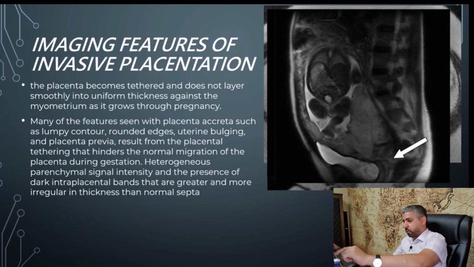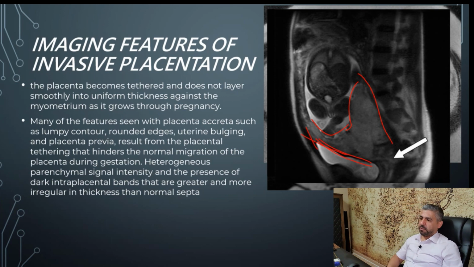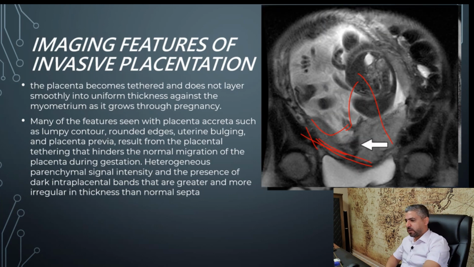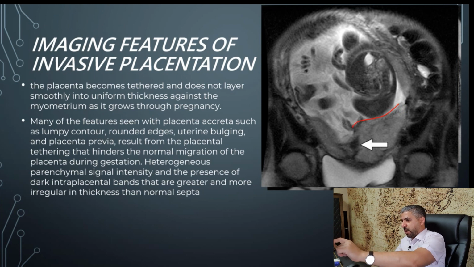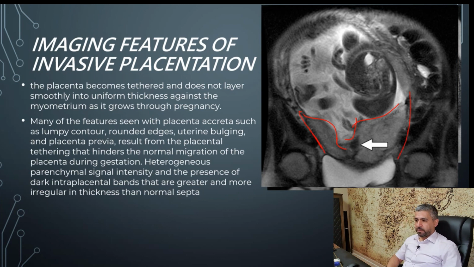There are areas in which the placenta is bulky, and it has rounded edges. It's previa, of course, and the myometrium is indistinct here. What else do we have here? Another example in which we can see the placenta here is bulky, lumpy. It has an irregular surface with abnormal myometrium.